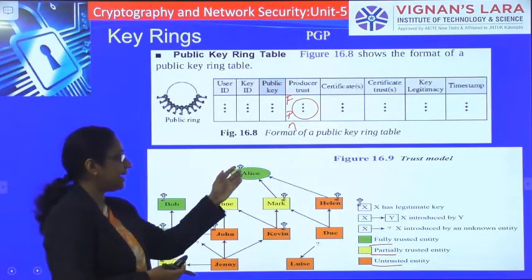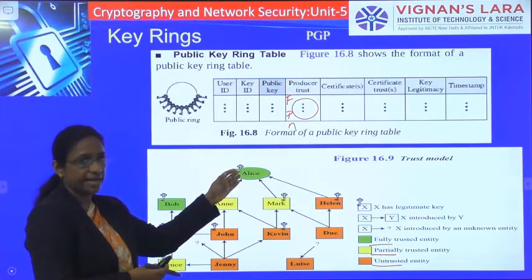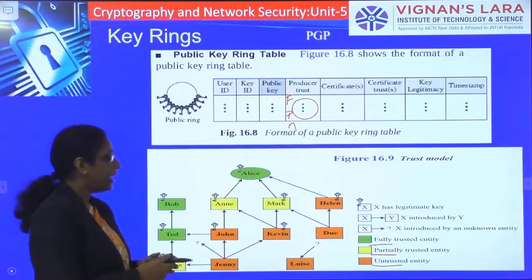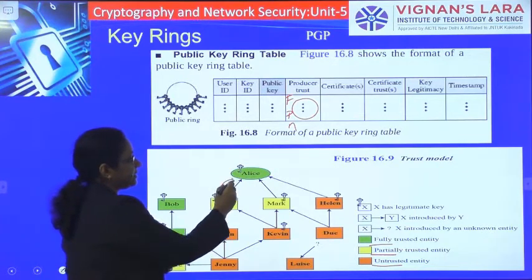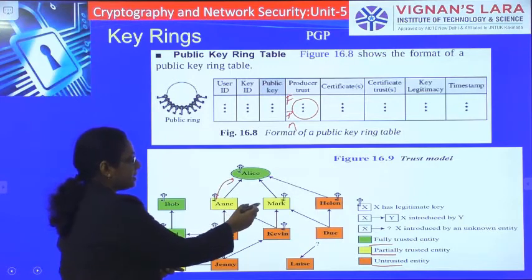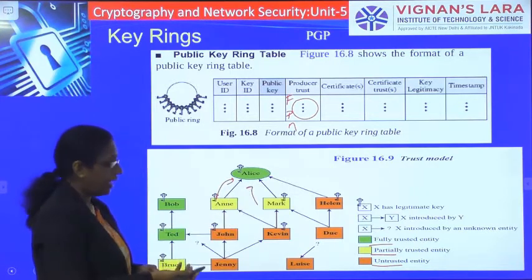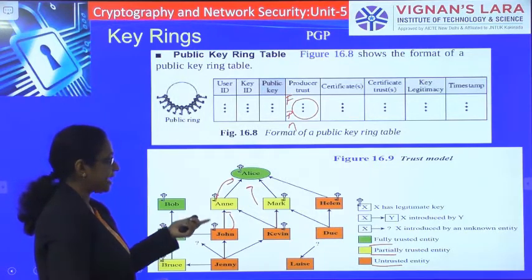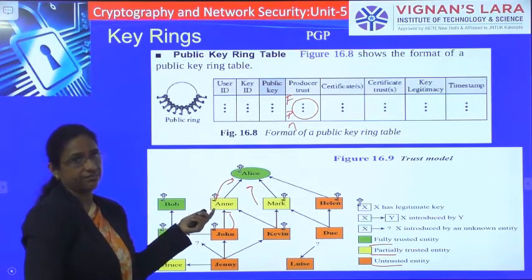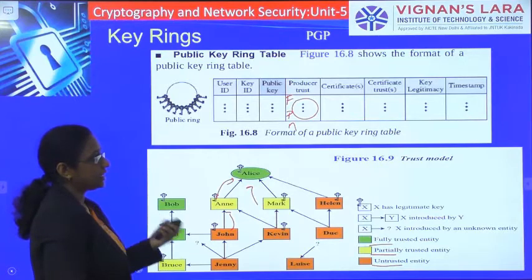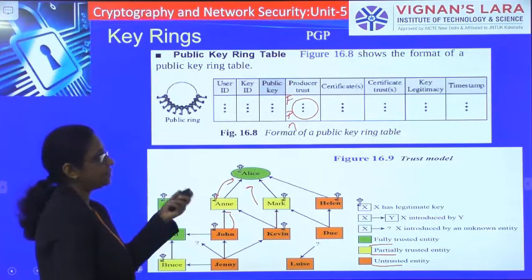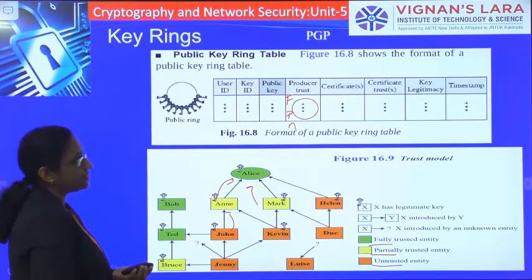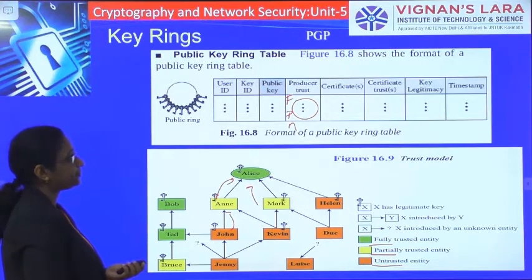One person can sign the certificate for another person. Like Annie can sign for Alice, and Mark can sign for Alice, and similarly John can sign for Annie. In that way they can sign the certificates, and those certificates will be stored in the column called certificates.